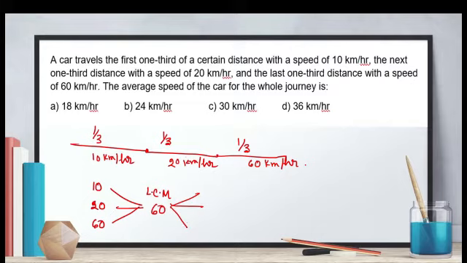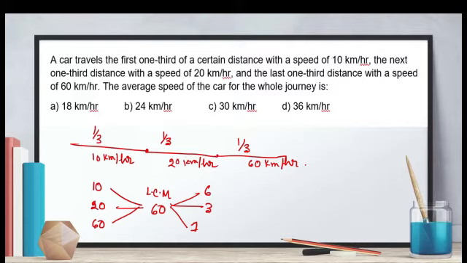If we divide 60 by 10, we will get 6. If we divide 60 by 20, we will get 3. And if we divide 60 by 60, we will get 1. So we get the timings 6, 3 and 1.